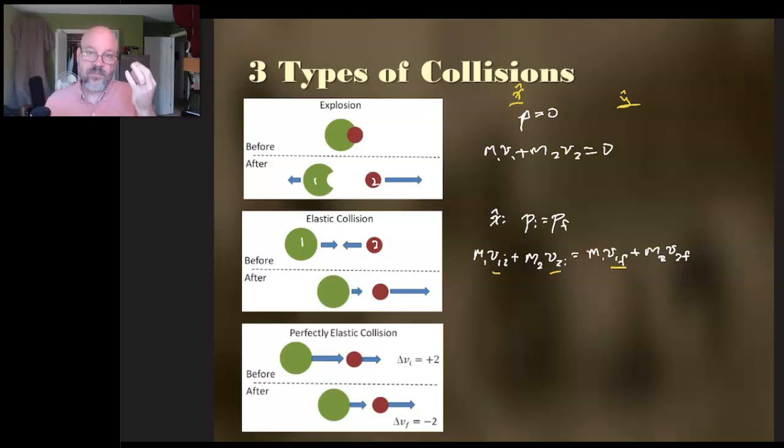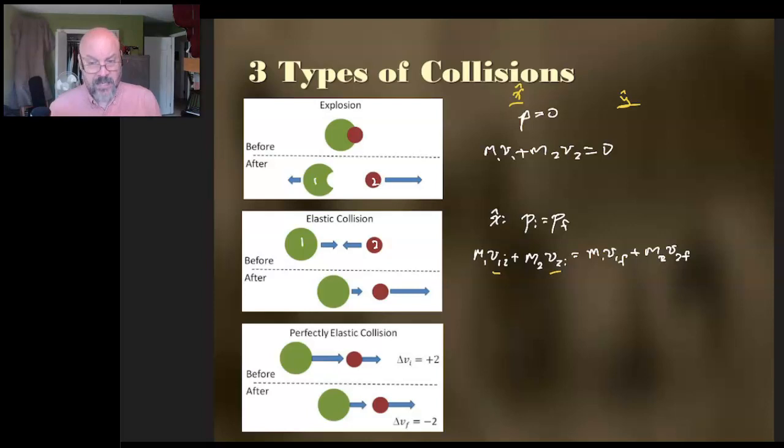If you give me 3 out of those 4, I can tell you the missing piece. But what if we didn't know anything about the final situation? If we only know the initial 2 velocities, then that equation is not sufficient to get all the information that we need.